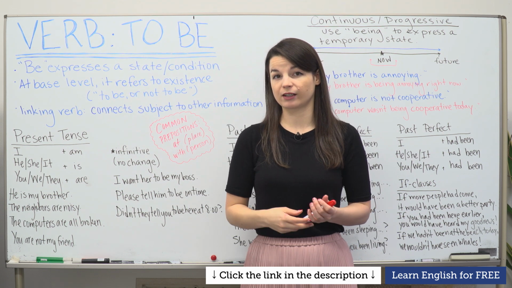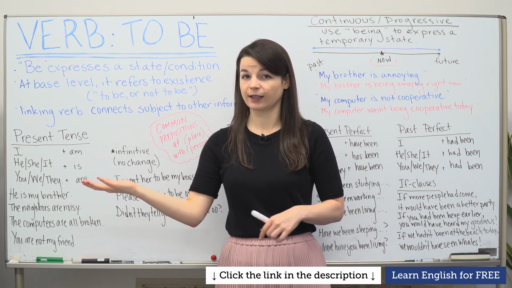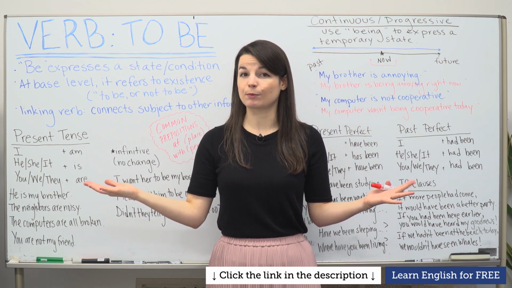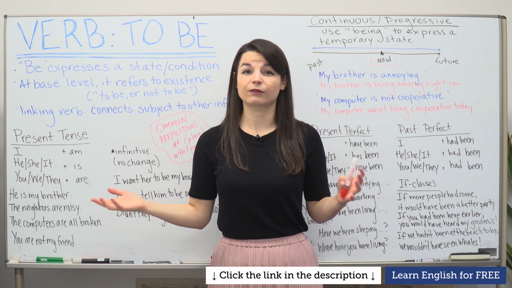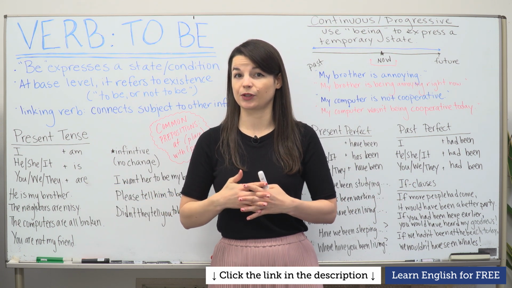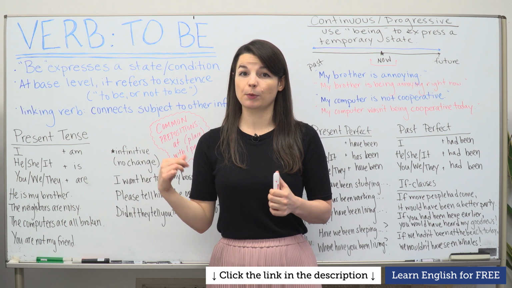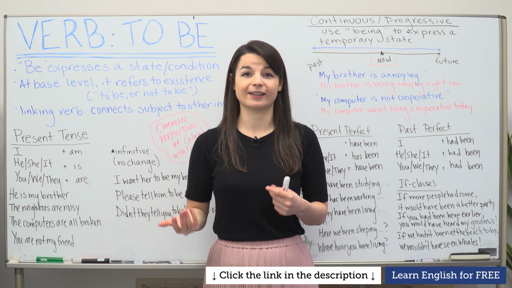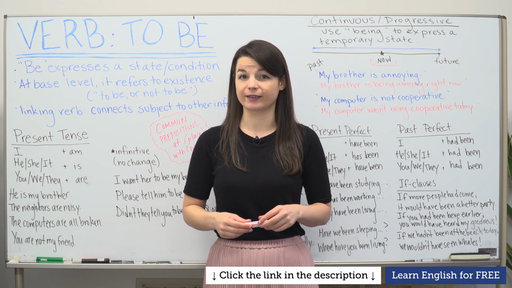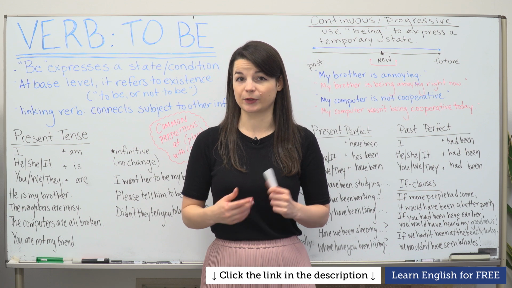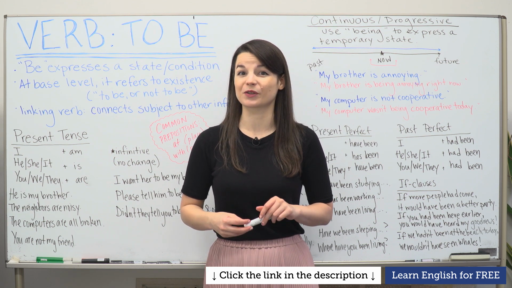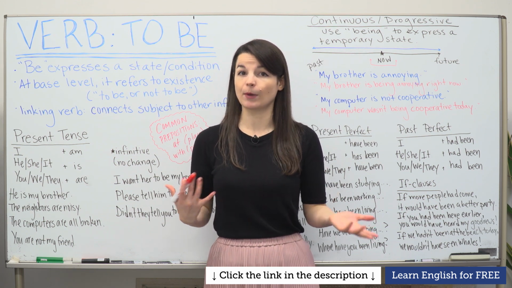This is the purpose of a linking verb. We have a subject and some other information about the subject. We use the verb to be to link those two things together. So I've prepared a lot of examples and some conjugation review points that I hope can help show the ways we can use the verb to be in modern American English.